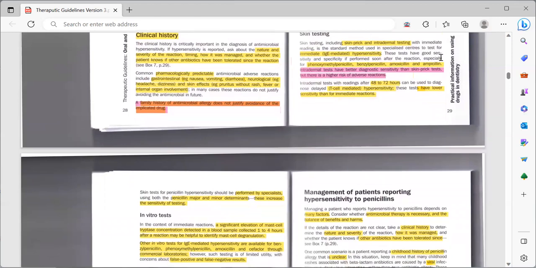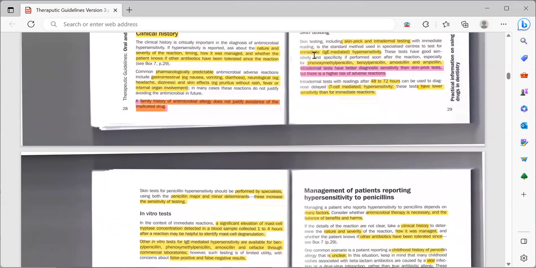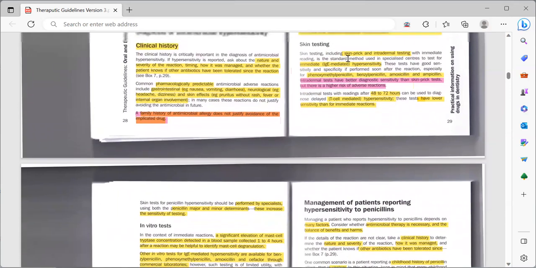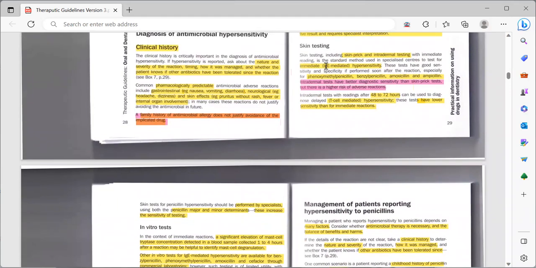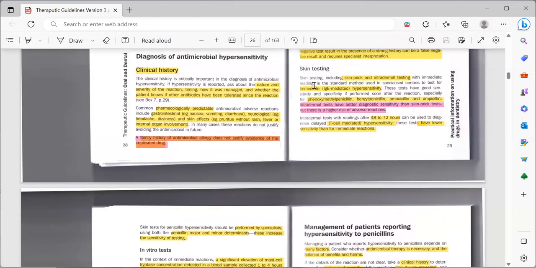These tests have good sensitivity and specificity if performed soon after the reaction, especially for phenoxymethylpenicillin, benzyl penicillin, amoxicillin, and ampicillin. So, for these four drugs, if you are suspecting any immediate hypersensitivity, then this test would give a good result.